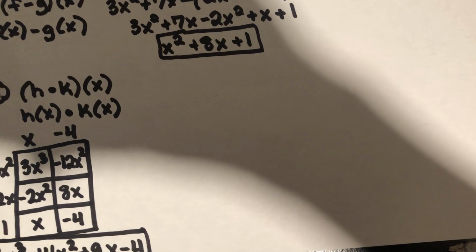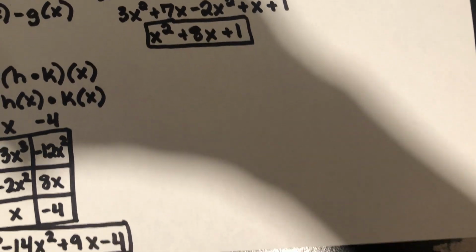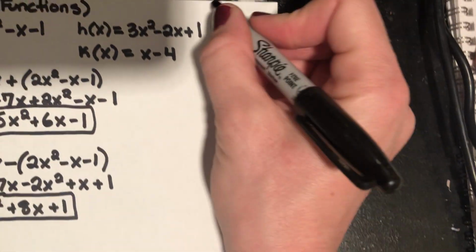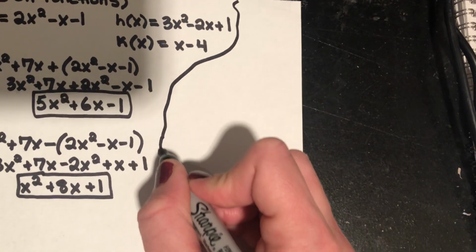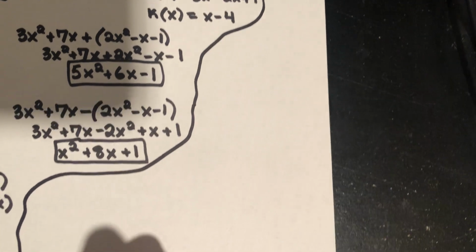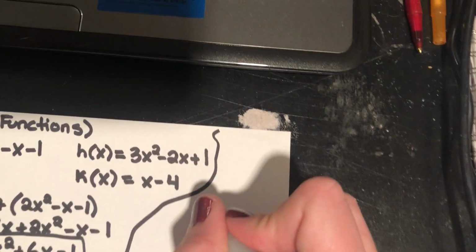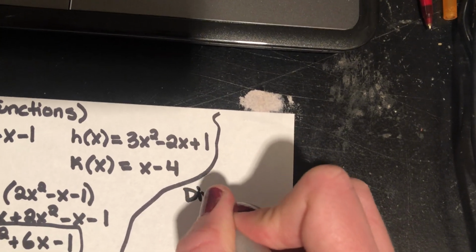Okay, let's go. I'm just flipping my own notes over here. Let's go to division. So I'm actually going to do a little splitting of this paper here. So hopefully you guys can see that. Okay, so I'm going to do division up here. Let's do division.